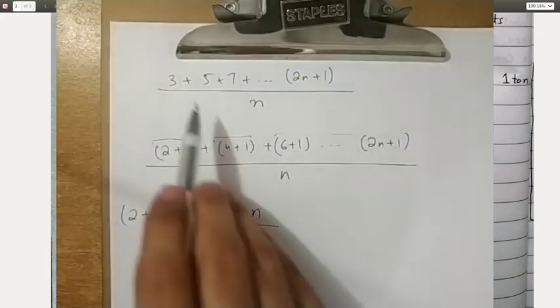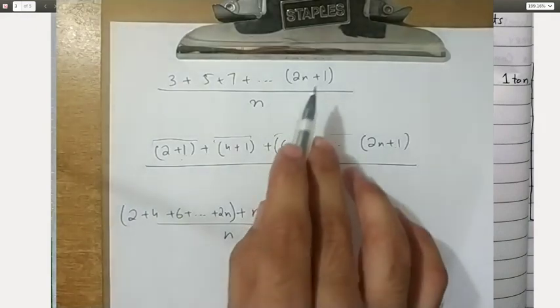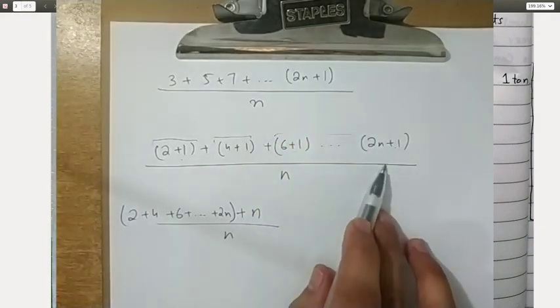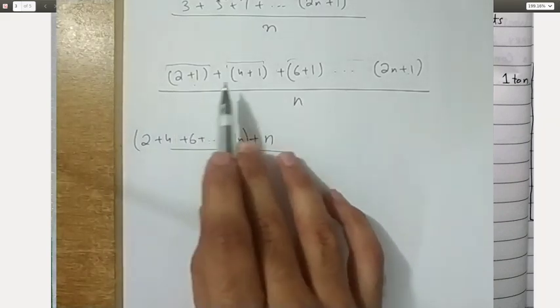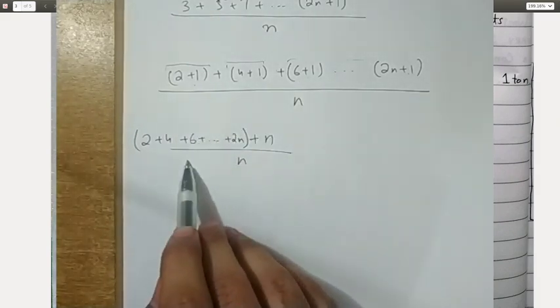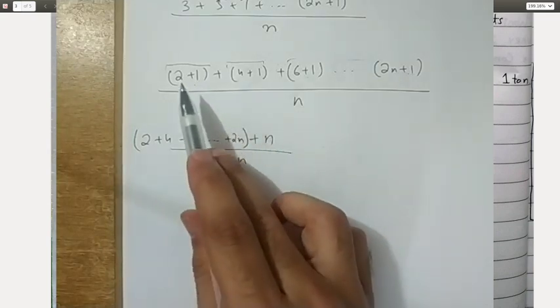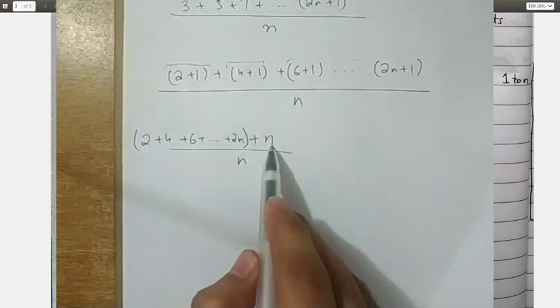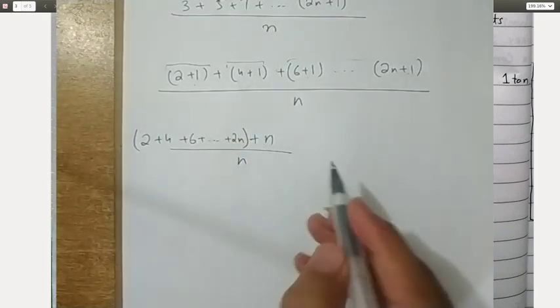So I have just written 3 as 2 plus 1, 5 as 4 plus 1, 7 as 6 plus 1, and 2n plus 1 was already in that form. And then I just took out all the multiples of 2 and wrote them separately, and took out all of these ones, which were n ones, which is just n. So 1 plus 1 plus 1 plus 1, you just get n because there are n terms.